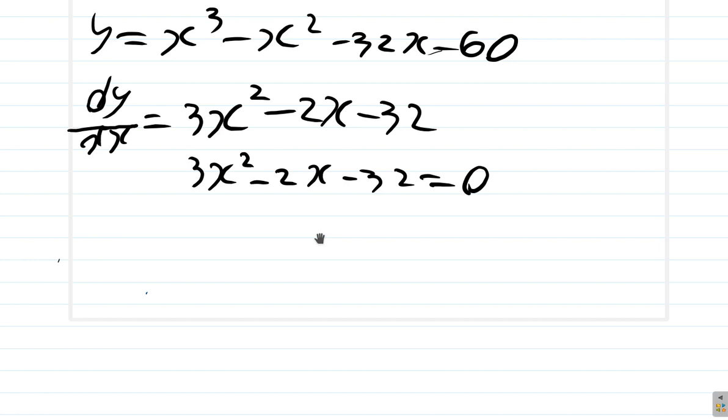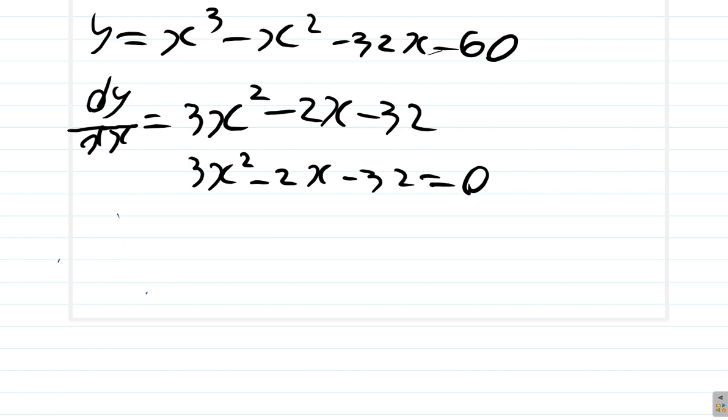We could use the quadratic formula to work it out. Alright? Remember, 4 ways you can solve quadratic equations. You could use a formula, you could use completing the square, you could use a graph, or factorization.